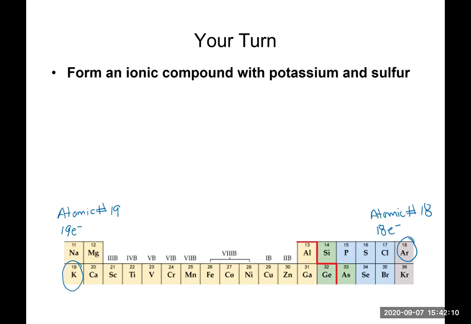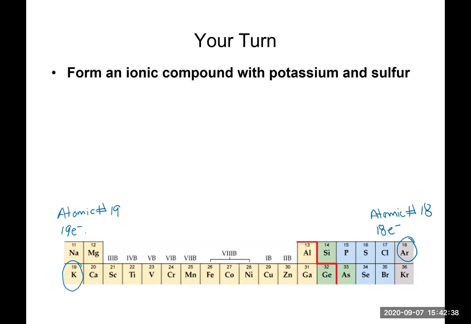Now, argon is stable, it's inert, it's a noble gas. Every other element on the periodic table is reactive until it has the electron configuration of a noble gas. The noble gas closest to it is the most energetically favorable because potassium, for example, only has to give up 1 electron to get the electron configuration of argon.